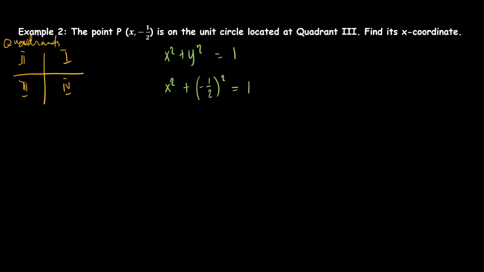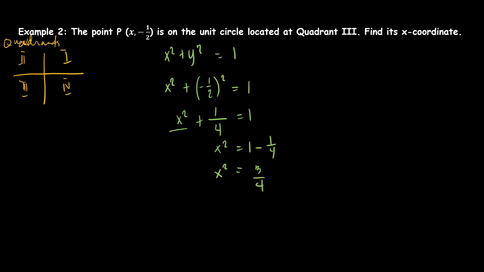So copy x squared plus negative 1 squared is 1 over 4, equals 1. The next thing you do is transpose the 1/4, because we're going to find the value of x. So x squared equals 1 minus 1/4, which is equal to 3/4.